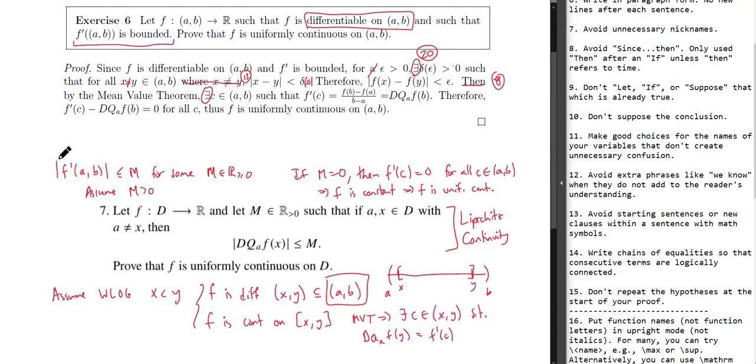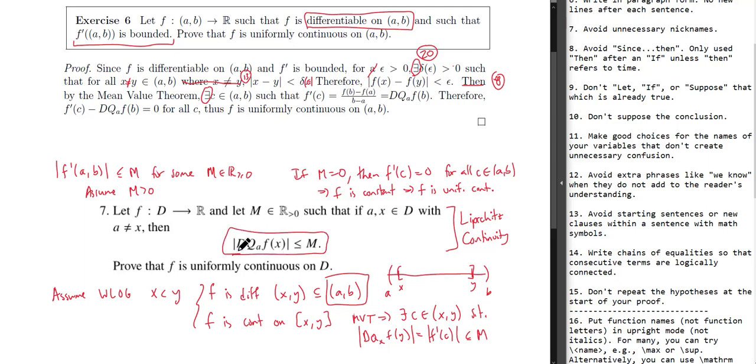The derivative is bounded. And so if I take absolute values, then the absolute value of f prime of c is less than or equal to m. And look what we've just done. We've reproduced the Lipschitz continuity condition.